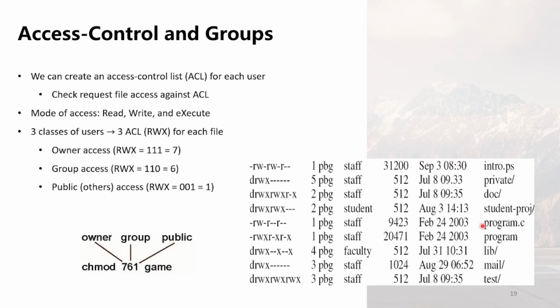On the right side of the slide, we have a typical long listing from a Unix-like system, showing this permission in action. This is what you will see when you list files with detailed information in the terminal.